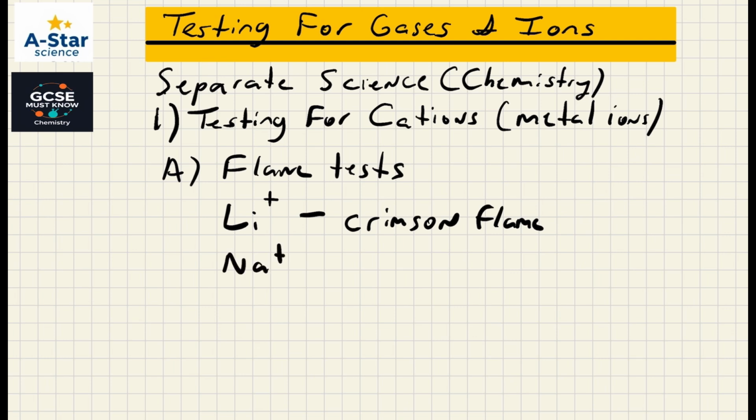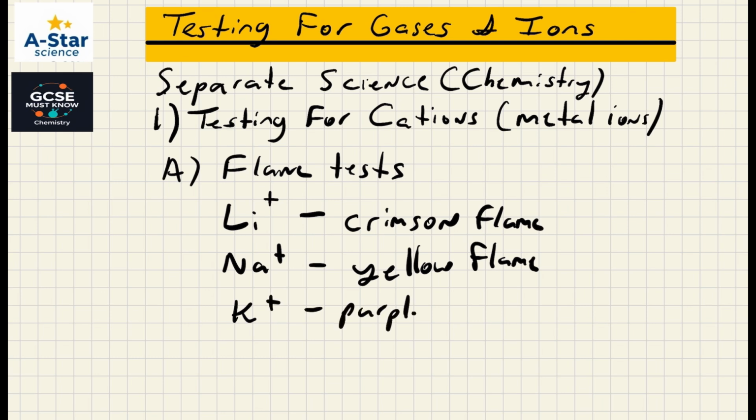Sodium plus, that's going to give a yellowish flame, which can be a bit hard to distinguish from just a normal flame. Potassium, though, that's going to give a nice purple lilac color. So that's a nice one to look at. Easy to distinguish.